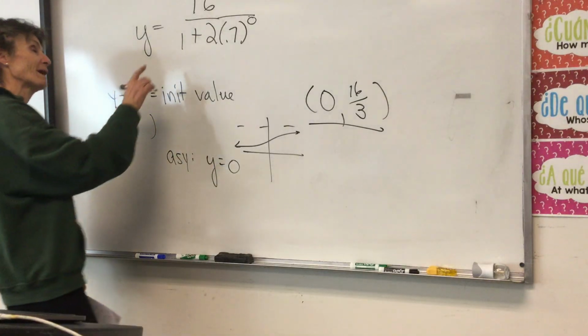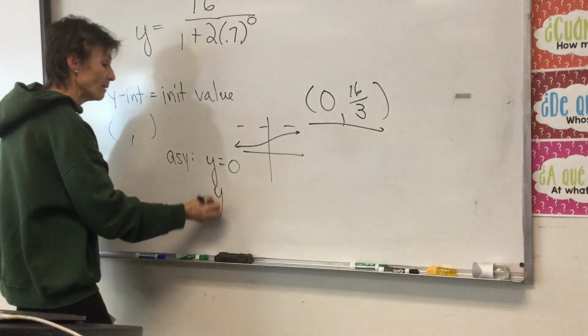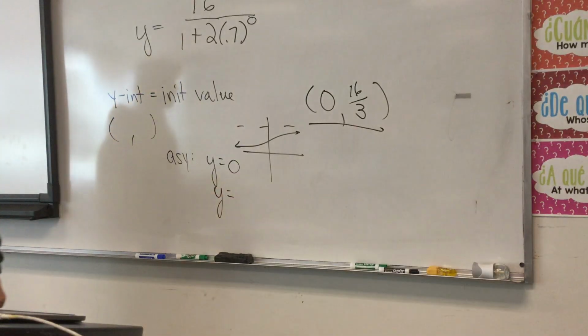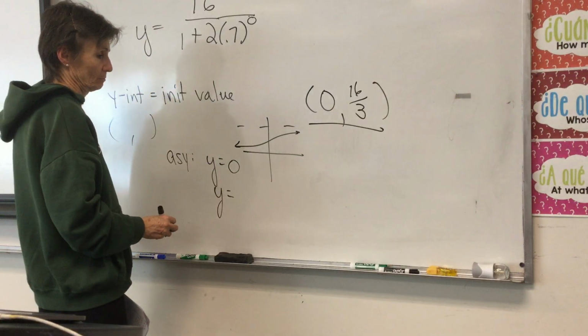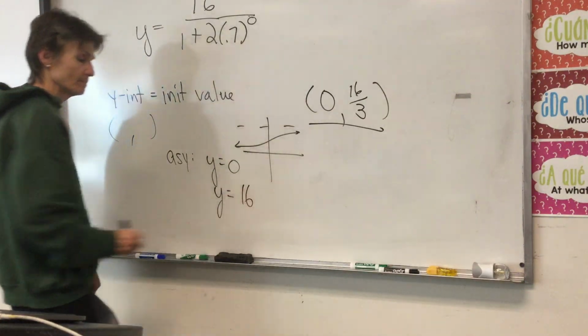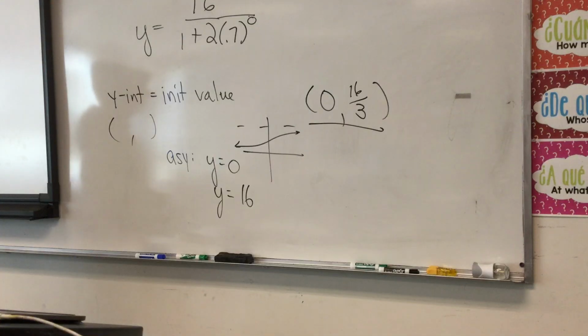And we know by looking at the problem, where's the top asymptote? What's the maximum value? Is it 16? Yes. So it'll be 0 and whatever the top is, because it's over 1. Yeah, I'm thinking too hard into it.